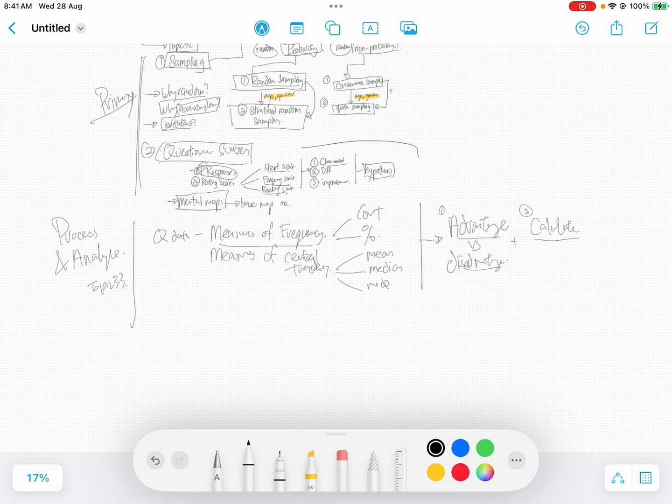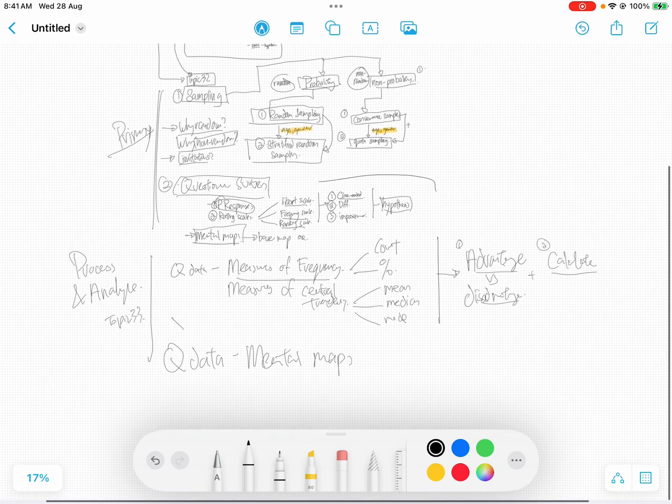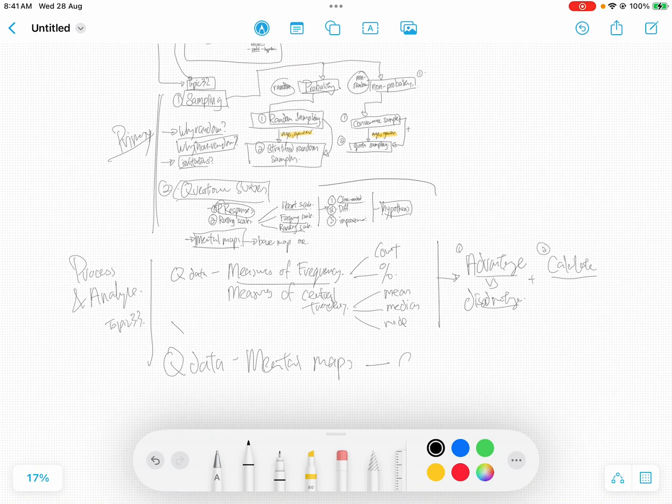Next we talk about qualitative data. For qualitative data, mostly it comes from mental maps. For mental maps, they are analyzed in various forms, such as centering and bordering. What are the features at the center, what kind of features caught attention?